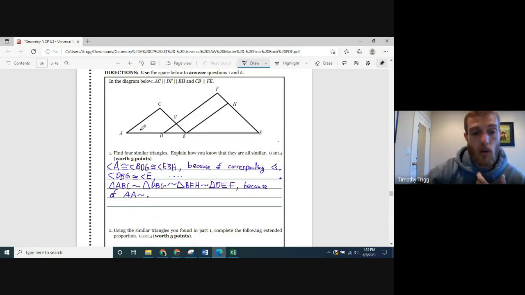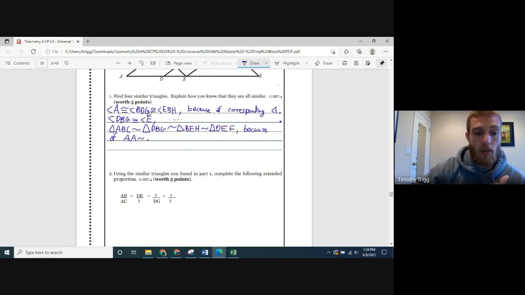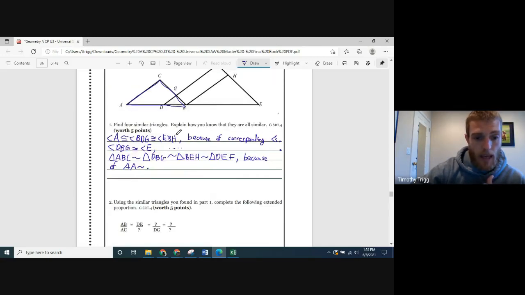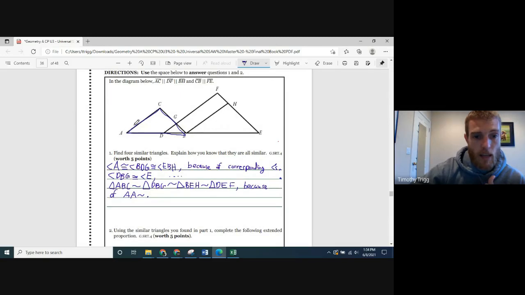Here they're saying AB over AC. So that's looking at this triangle here, the far left one. AB is this bottom length, and AC is this length here. So they did the bottom length over this length.